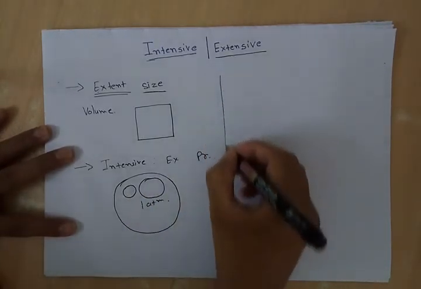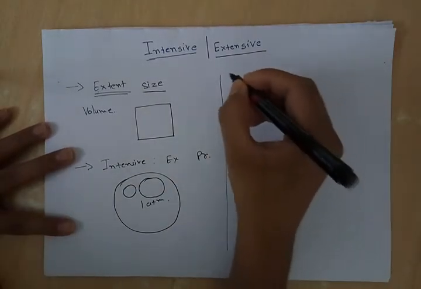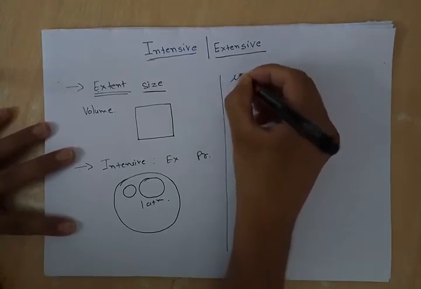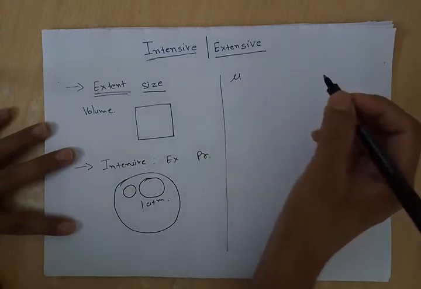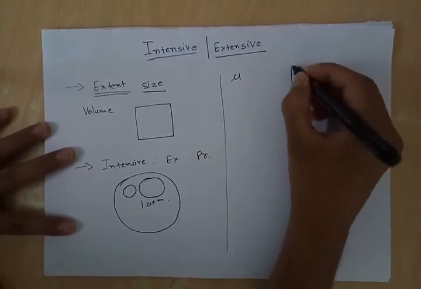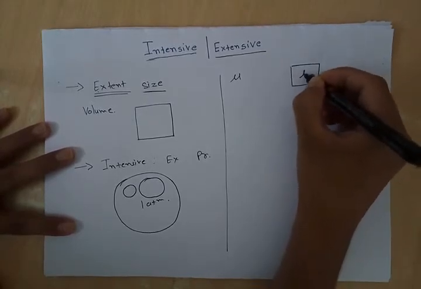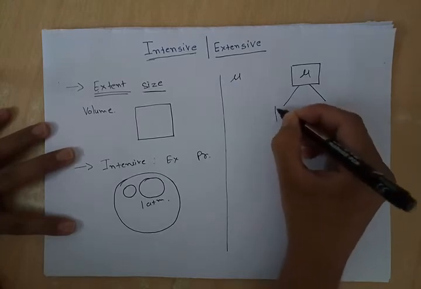Now there is one method to differentiate every property in terms of extensive or intensive. So let us say if you are given viscosity and you are asked to find whether it is an intensive or extensive property. So what you have to do is draw a box and divide this box into two parts.